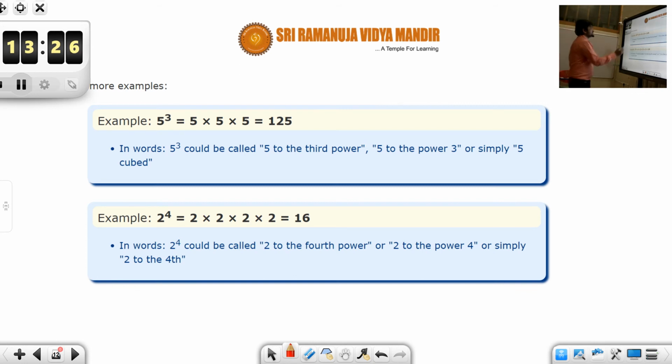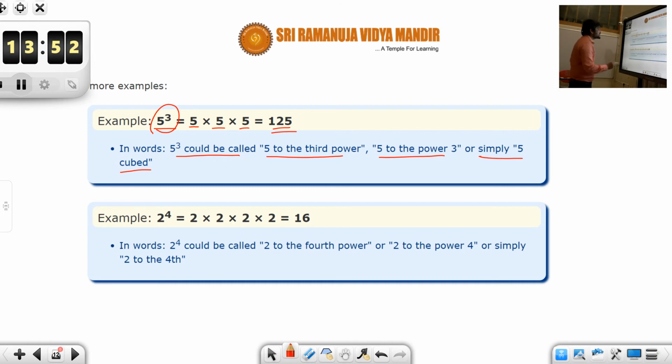Now, look at this example, 5 cubed. 5 cubed means we need to multiply 5 with itself how many times? 3 times. So 5 into 5 into 5. Okay, leave aside the value. Right now we are interested in what this notation means. So 5 cubed could be called 5 to the third power, or 5 to the power 3, or simply 5 cubed.